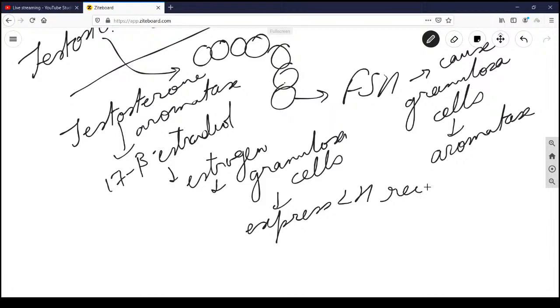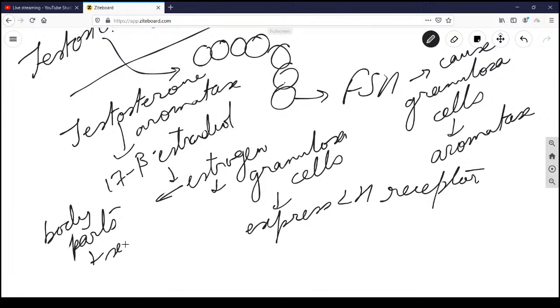This estrogen will also go to other body parts and cause secondary sexual character development.